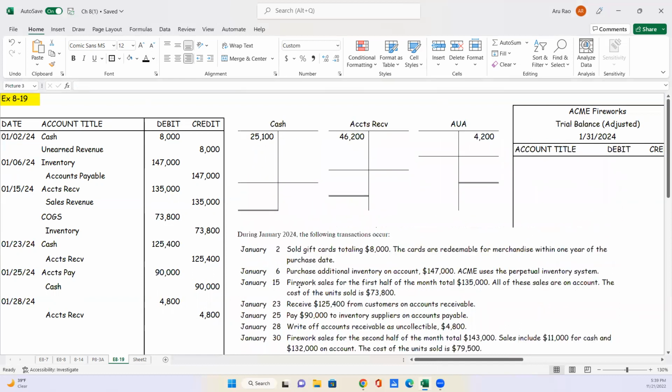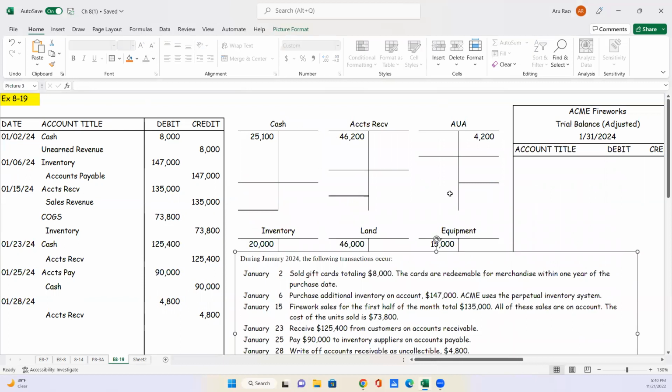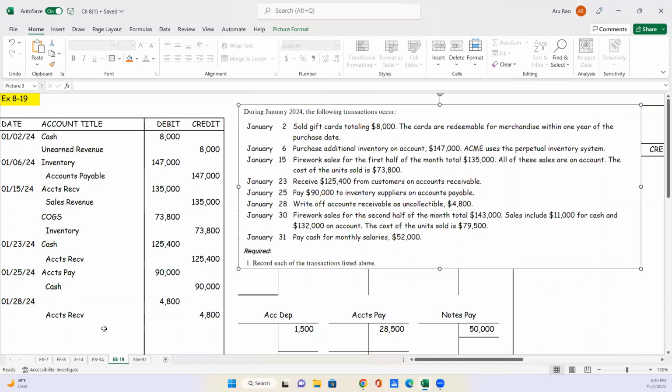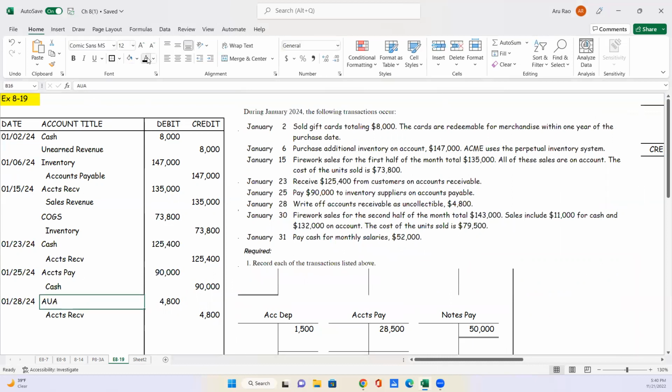But let's take a quick look over here. If you look at your T accounts, you have allowance for uncollectible accounts. Which means you need to use that account. You're closing down that contra asset account. Accounts receivable is an asset account. Allowance for uncollectible accounts is a contra asset account. You write it off to that, which basically means you're taking both of those off your books.